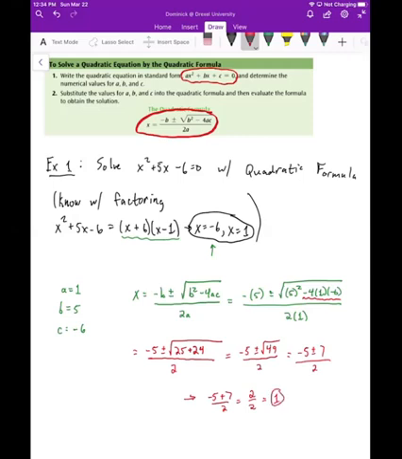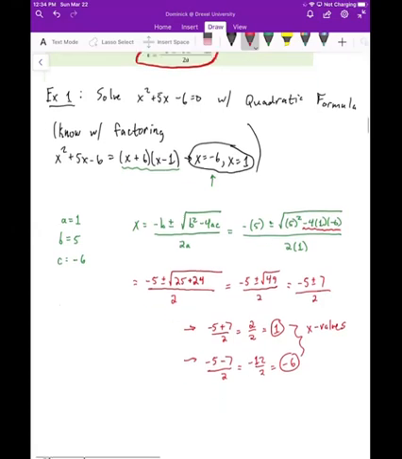That's one of our x values, which again is something that we should expect. And the other one is -5 minus 7 over 2, which is -12 over 2, which is -6. These are our two x values, and they match what we got before. So that's good, that's what we would expect.